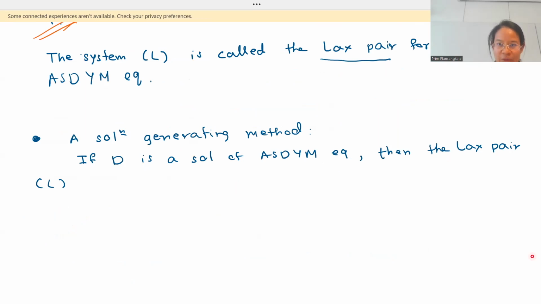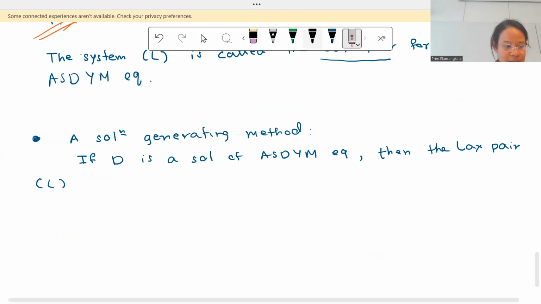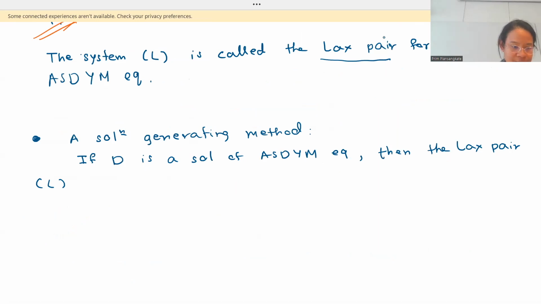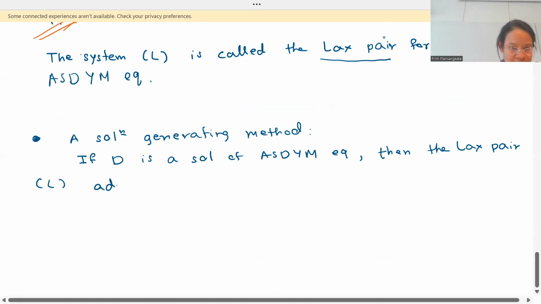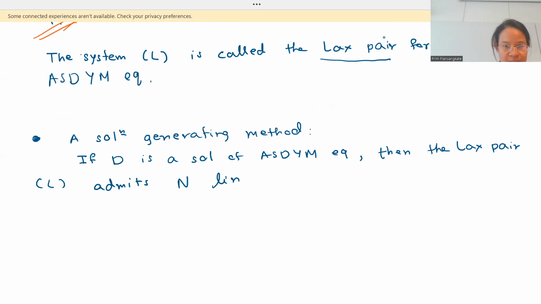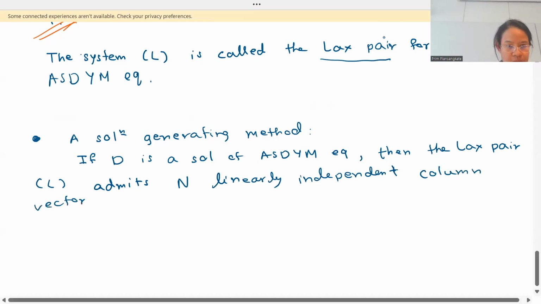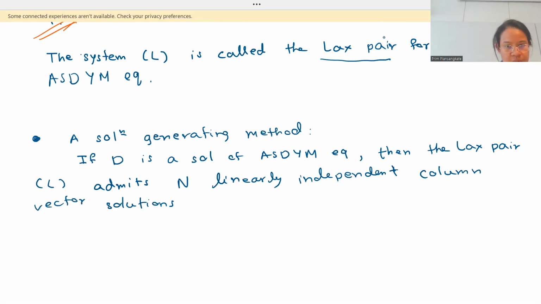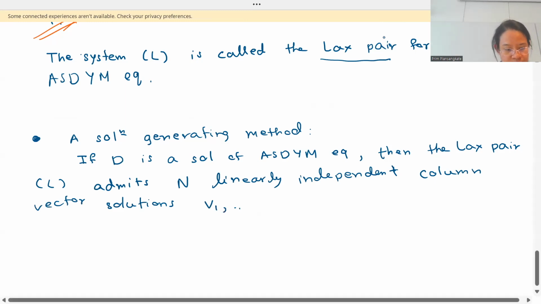So actually, if the Lax pair is compatible, this Lax pair admits n linearly independent column vector solutions, V1 to Vn.